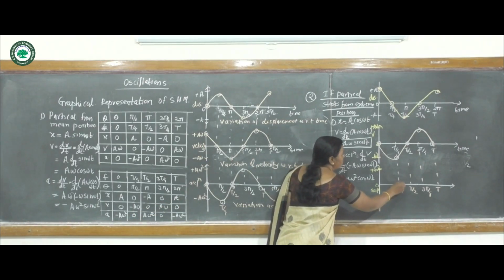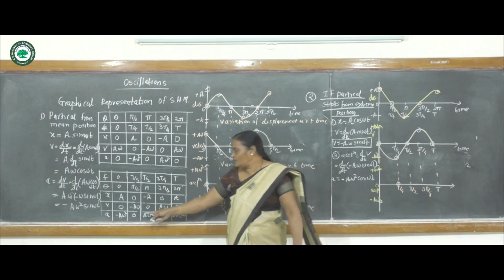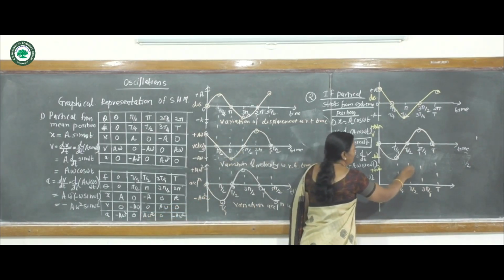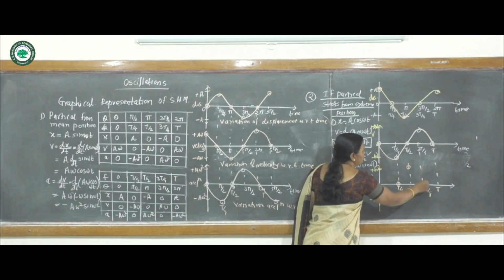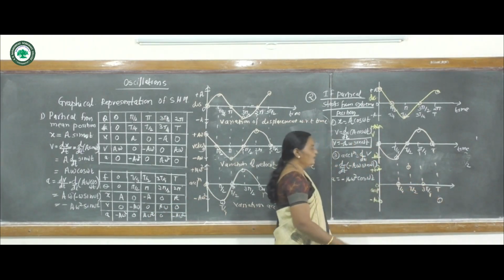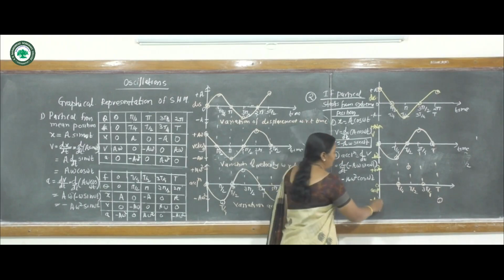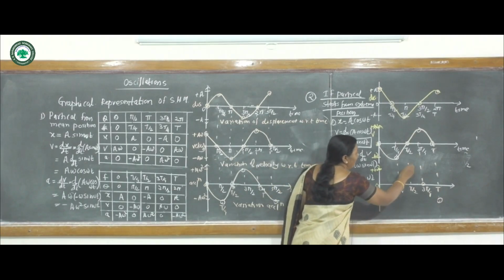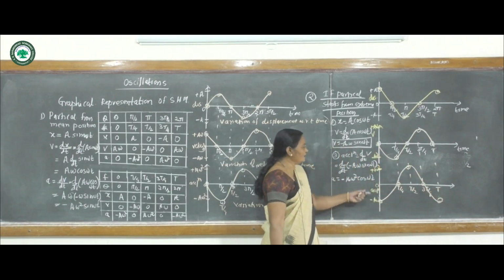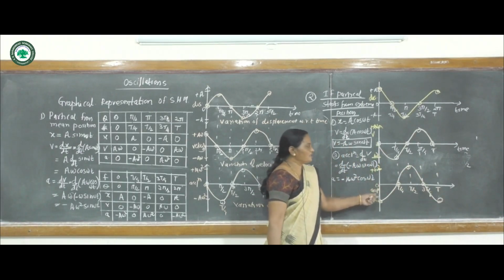Then the second value is 0, then plus a omega square, then 0 and then minus a omega square. If we join these, we get this type of curve, and it is the cosine curve for acceleration.